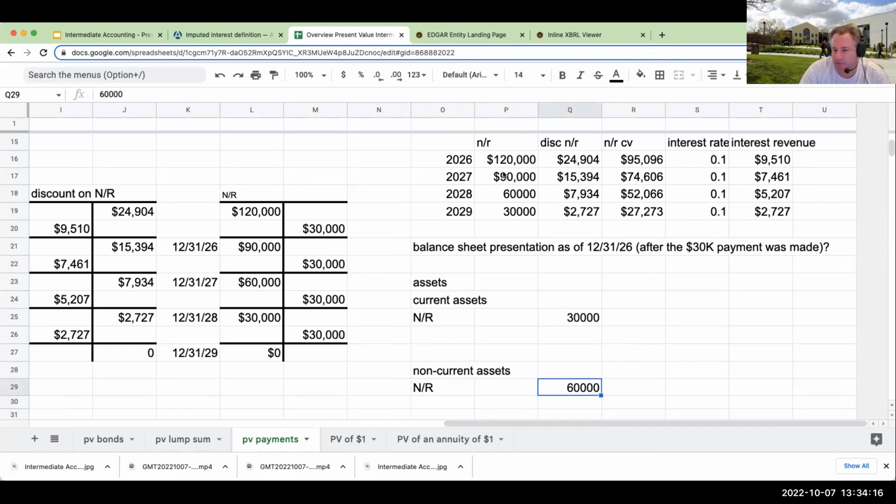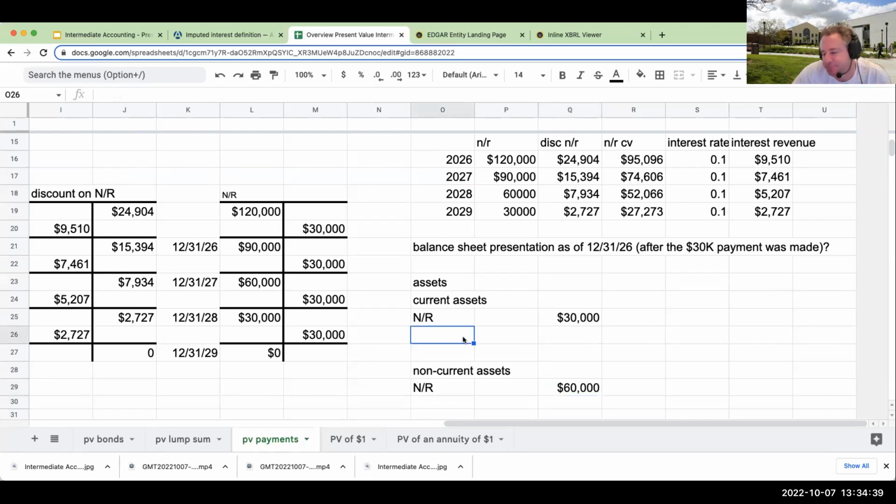Why is it like this? Because of this 90,000, 30,000 is due in the coming year, and the remaining amount is due beyond the year. So for my balance sheet presentation, the amounts are due in these next periods.